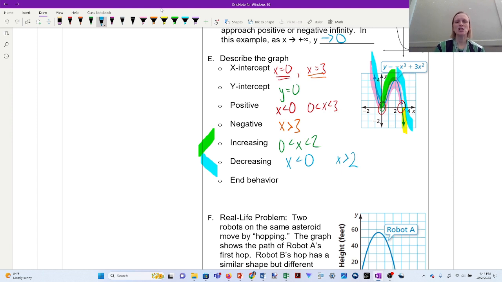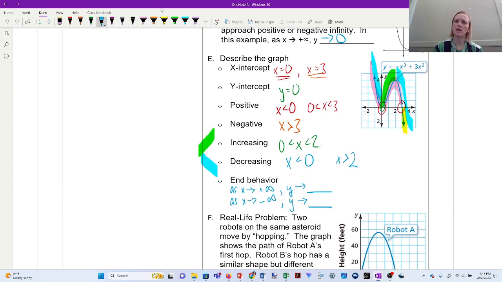In terms of my end behavior, remember you kind of want to write a sentence out of this: as x approaches positive infinity, y does what? And as x approaches negative infinity, y does what?